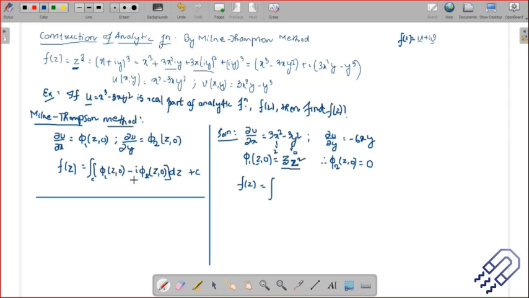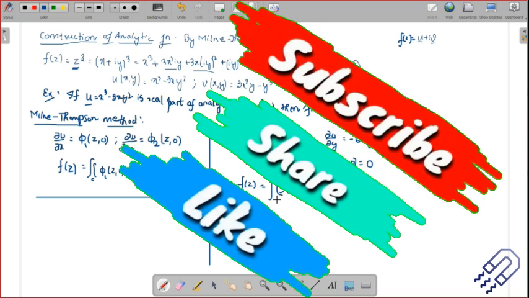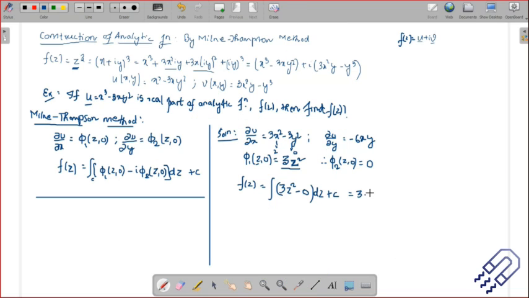Just integrate it: phi 1(z, 0), that is 3z square, minus i into phi 2. Phi 2 is 0, so this is dz plus c, right? So you can just integrate this. This is 0, this is 3z square, so you can take out 3. This is just z cubed divided by 3 plus c, so you get z cubed.